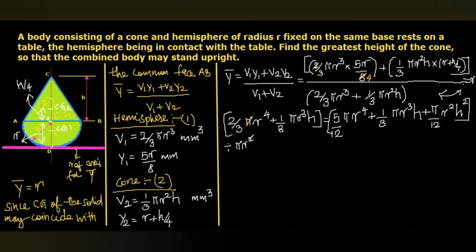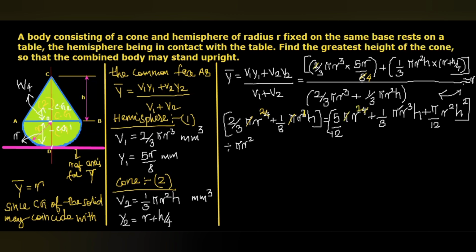When you divide by r square, here it is r power 4, then it will become r square. Here pi r cube, pi cancels, r cube by r square, then it becomes only r. On the right hand side, pi will cancel, r power 4 divided by r square, this also will become r square.